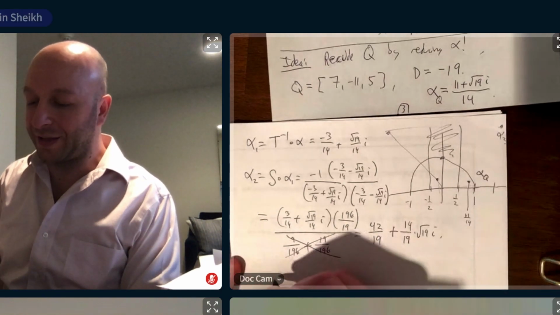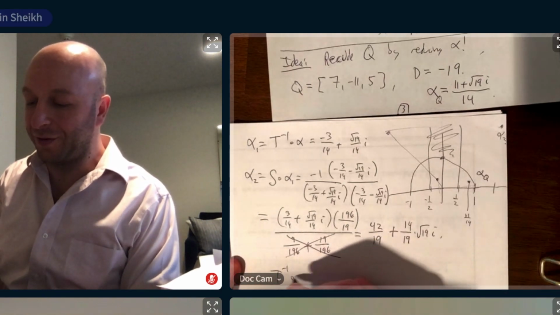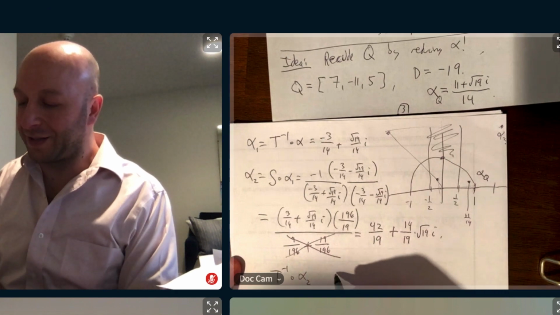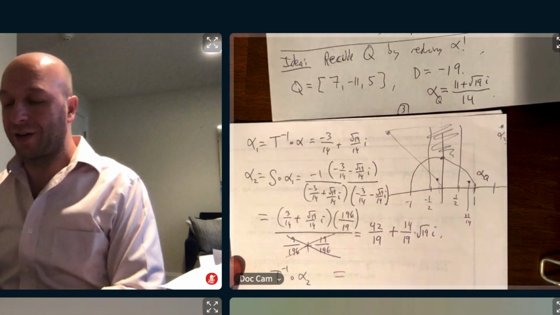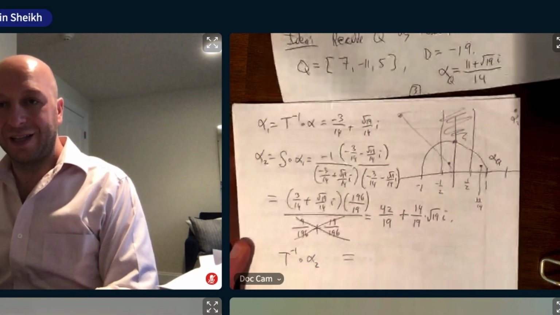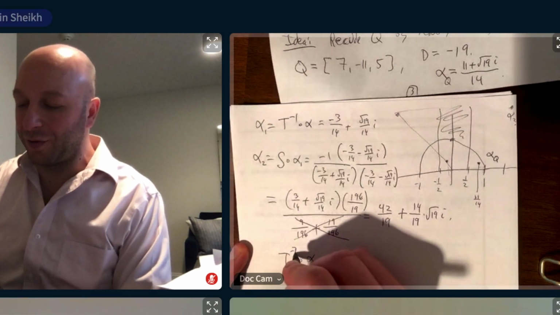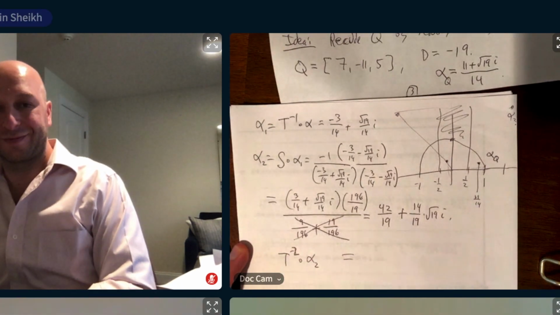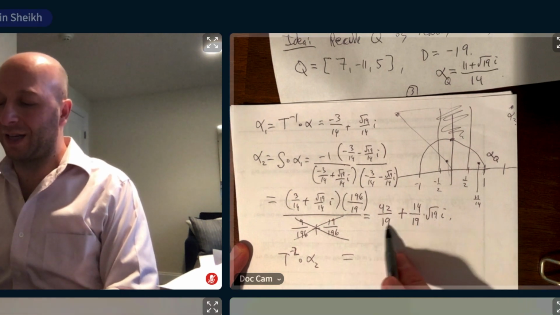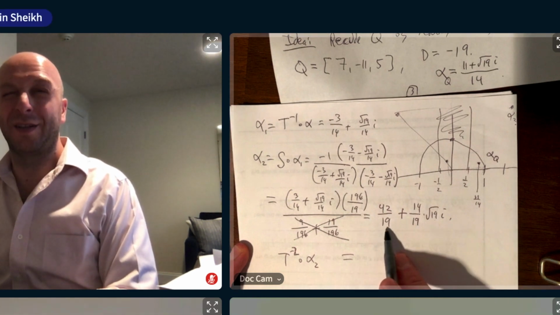So if we apply T inverse to alpha 2, that'll take 19 19ths off. But actually we can right away take 2 of these off. 19 times 2 is 38.